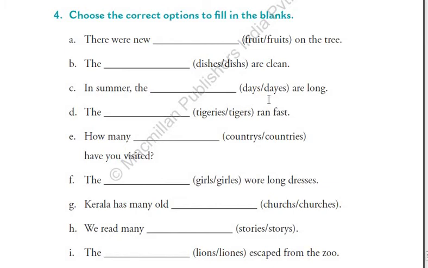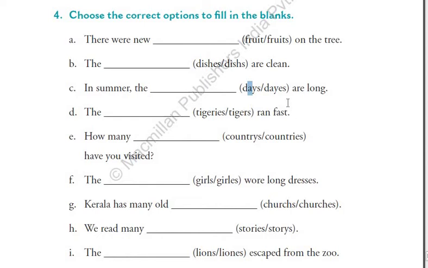Yes? If you see, my students, here Y should be replaced with IES, correct? But the rule was there should be consonant before the ending Y. But here, if you can see before the alphabet Y, alphabet A is there, which is not consonant.